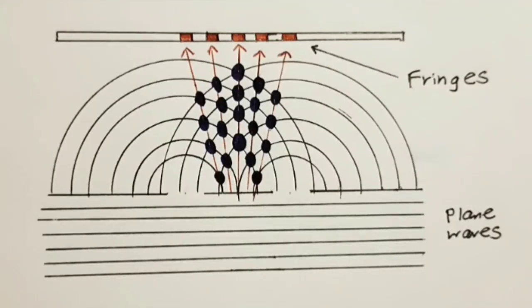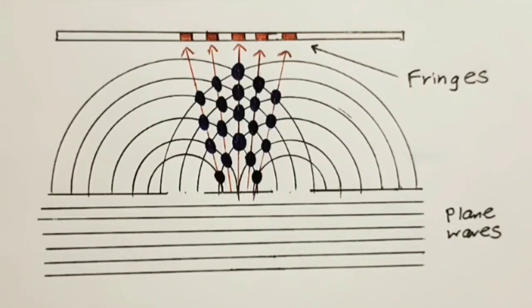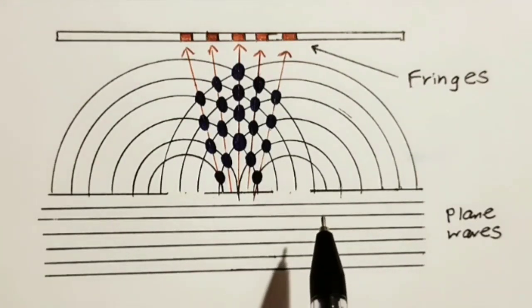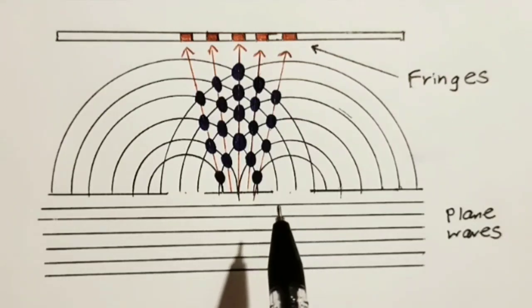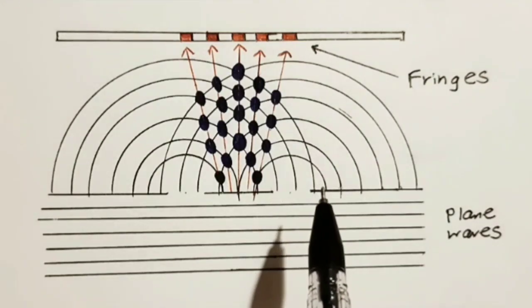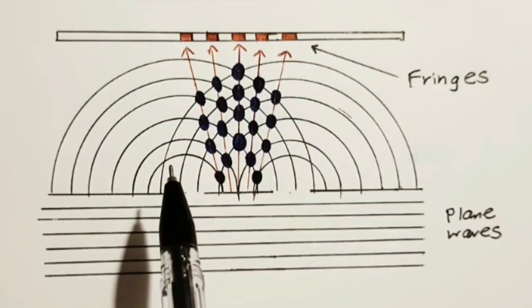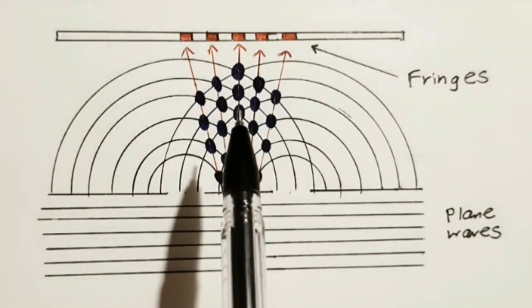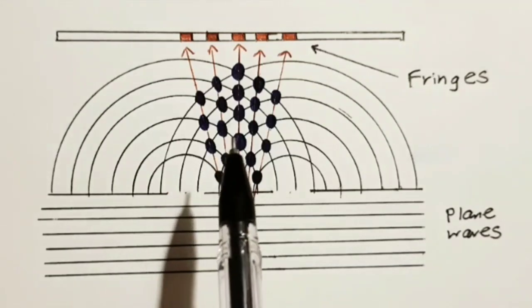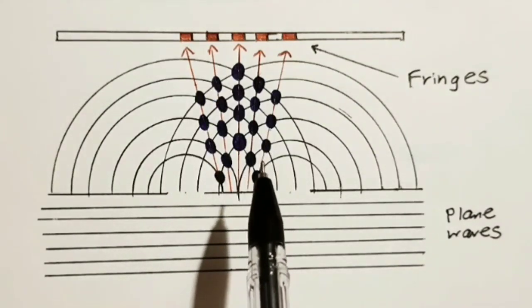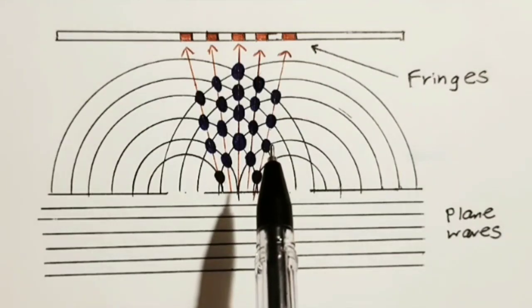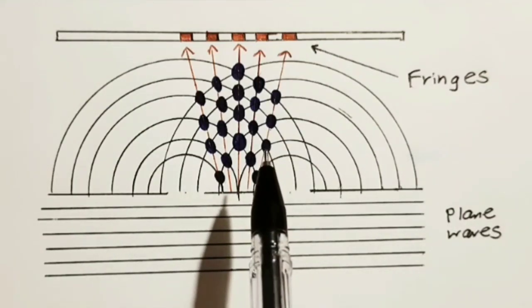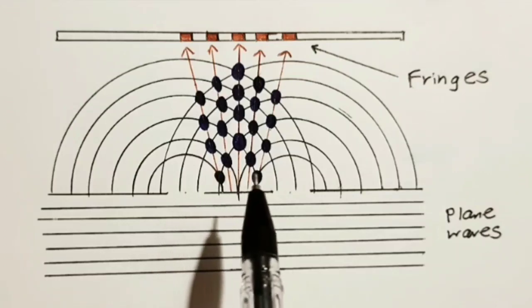Now let us see how the patterns are formed by the two slits. We can see plane wave fronts travel in this direction when the light is introduced. And after diffraction, those two light beams are traveling in wave fronts similar to this and similar to this. At instances like here, here and here, and also in these areas, we can see interference patterns due to the interference of the two wave fronts traveling from the two different slits.